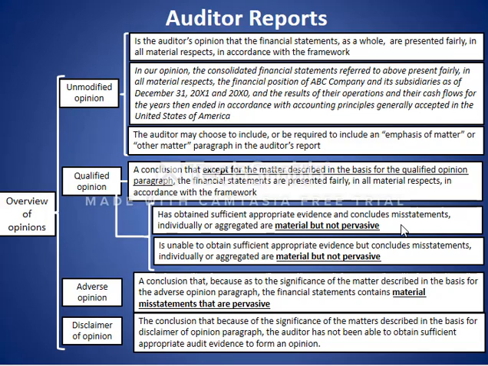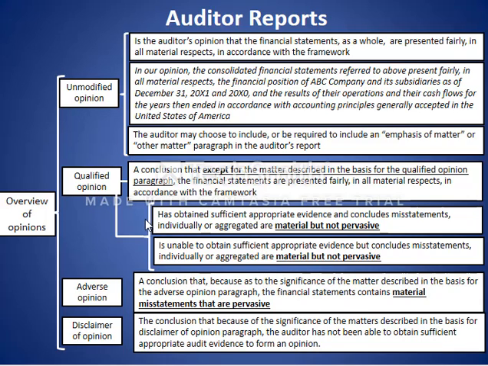Now, pervasive is kind of a new term from our perspective, and we will get into what pervasive really means in the next several slides. But pervasive for our purposes right now means it's throughout an entire financial statement, or the misstatements are not only in one financial statement but are pervasive through all the financial statements.